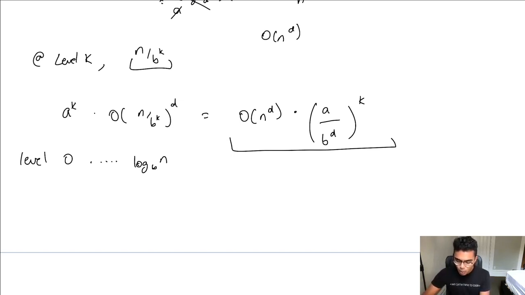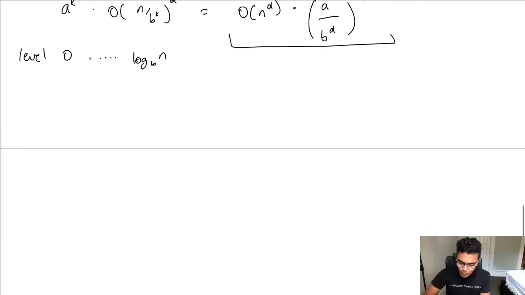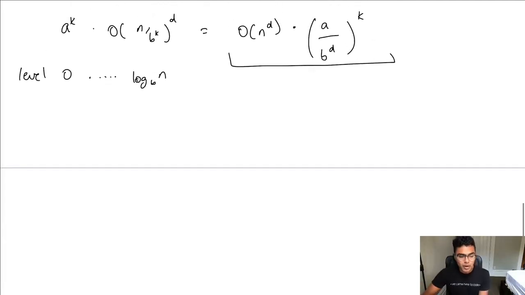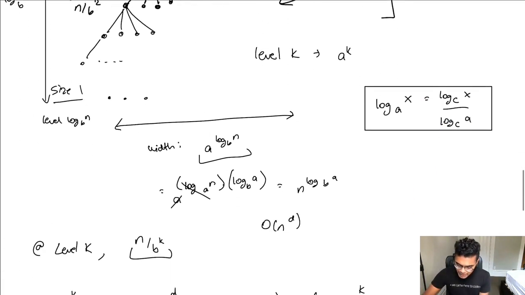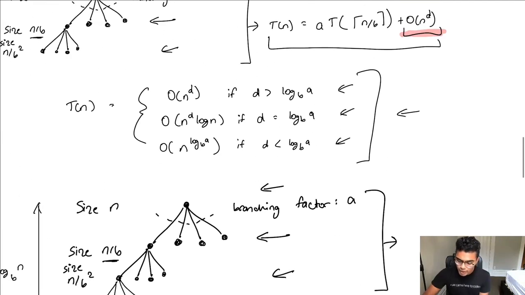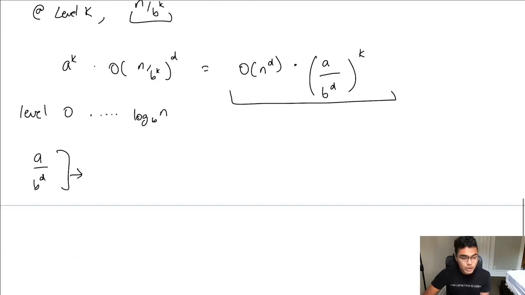For example, we can come up with 3 cases that will help define our master theorem. The 3 cases are dependent on the ratio a over b to the d. And here we're going to state that if this ratio is greater than 1, less than 1, or exactly 1, we can come up with the 3 cases defined by the master theorem right over here. So let's quickly prove that.